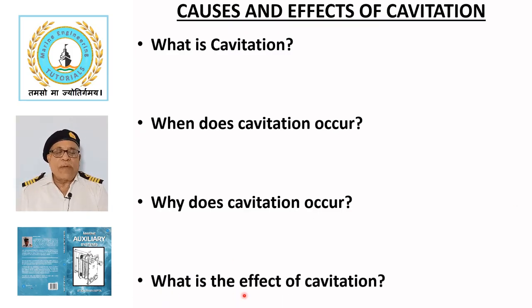What is the effect of cavitation? The vapor cavities formed can cause loss of suction or unstable pump operation. Cavitation causes sudden surges in the flow and pressure at the discharge nozzle and is indicated by noise and vibration.